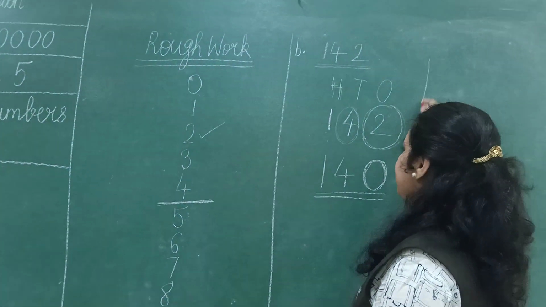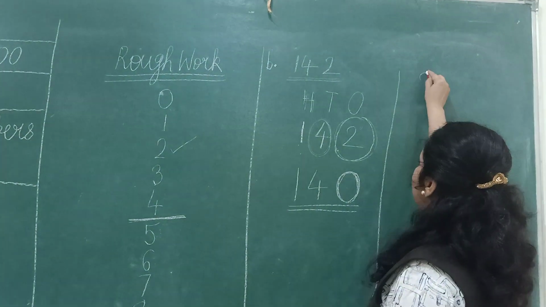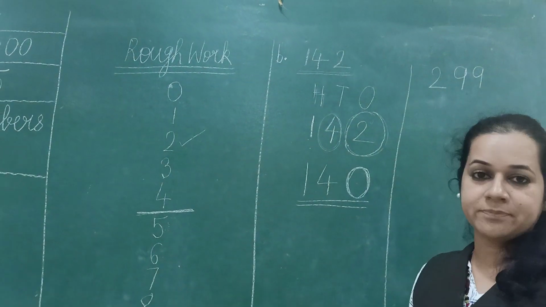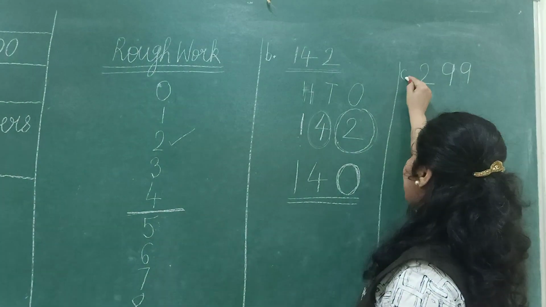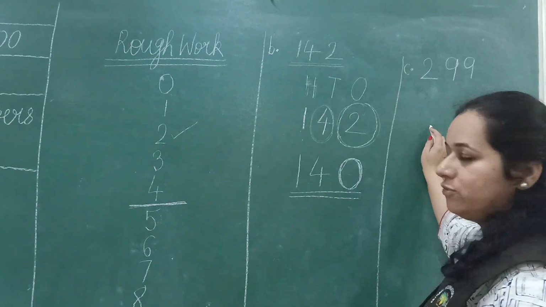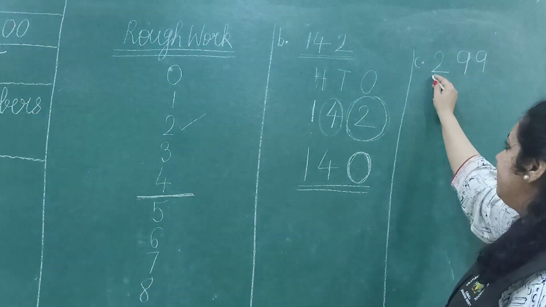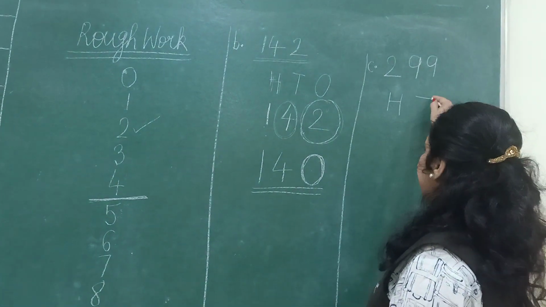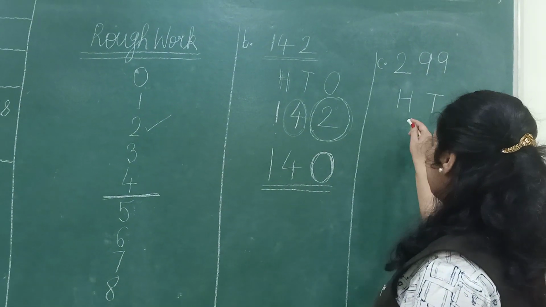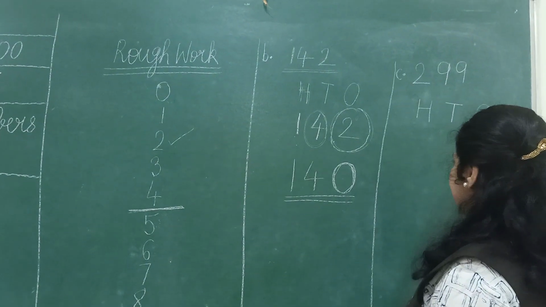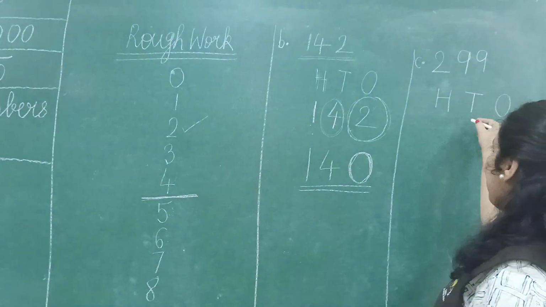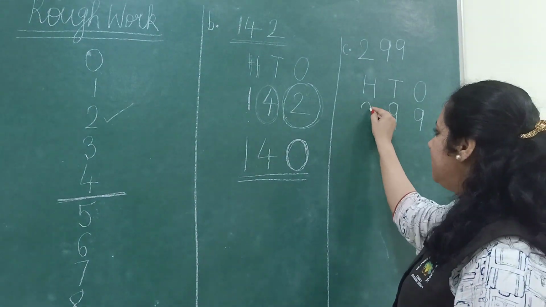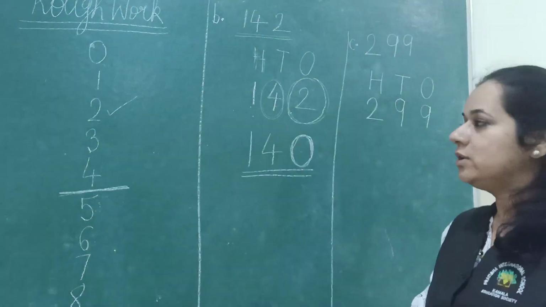Now we will take another example, 299. First we will write the number and see which category each digit falls in. 9 is coming under ones, another 9 is coming under tens, and 2 is coming under hundreds.